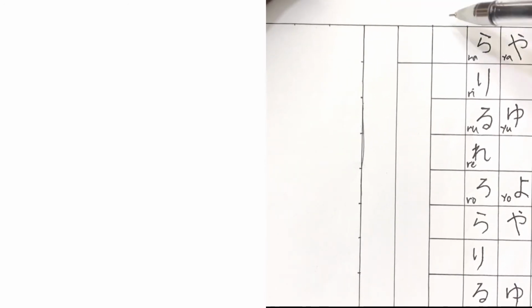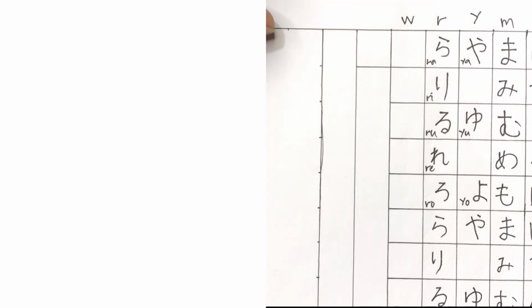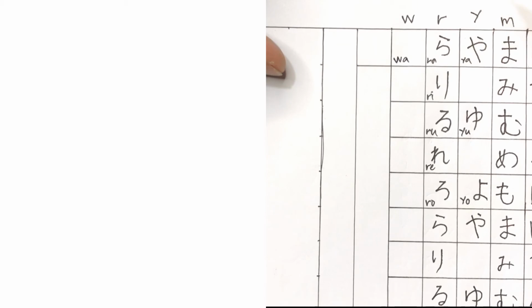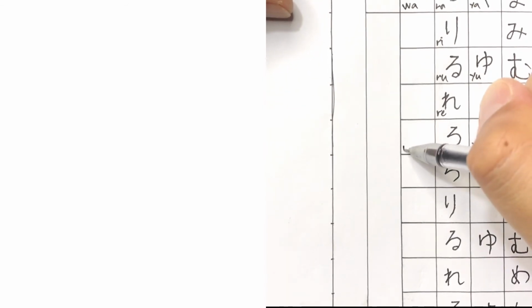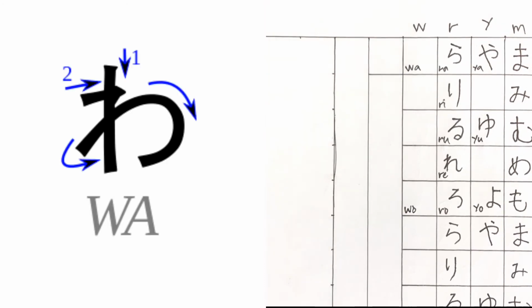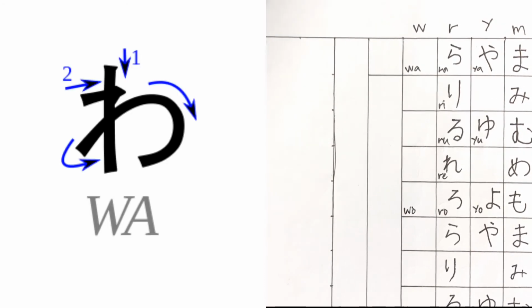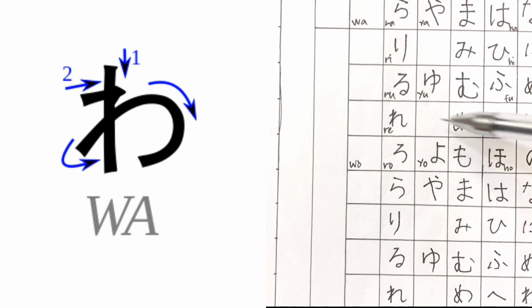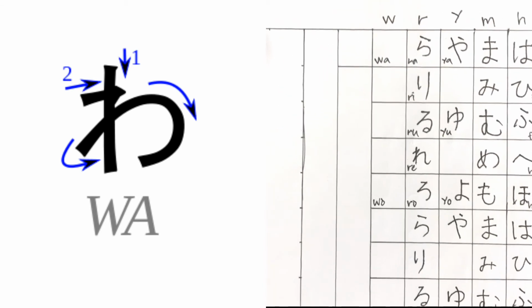The next column will be for the W consonant. In the W consonants, we only have two characters, the wa and the wo. So first we will write the wa character. Wa is slightly the same with re and ne.